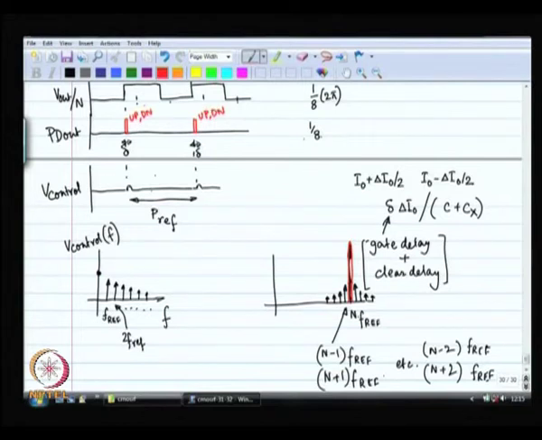In that bandwidth the output is going to mimic the reference oscillator. Outside that bandwidth whatever else could possibly happen is going to happen. This is what is going to happen. So, nothing is going to get filtered outside the bandwidth of the loop.